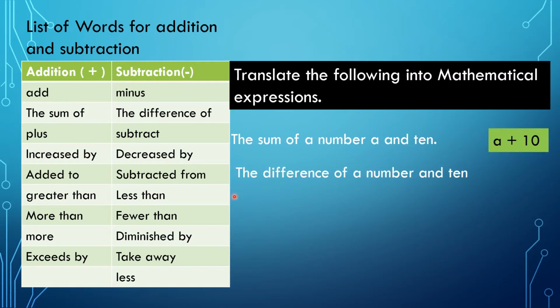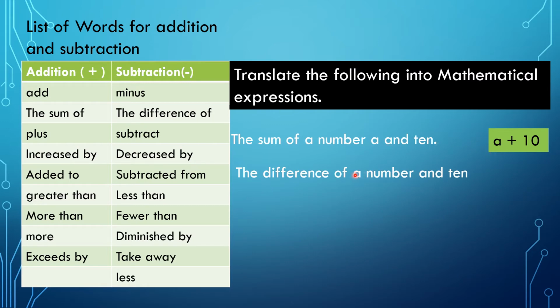Okay, next, the difference of a number and 10. Look at this one. Again, difference means subtraction, so we're going to subtract. But here, of a number, in case it didn't specify what that number is, you can use any letter of the alphabet. Unlike in the first one, where I said the sum of a number A and 10, so A plus 10.